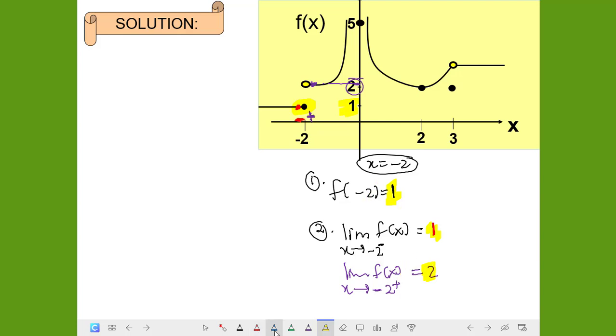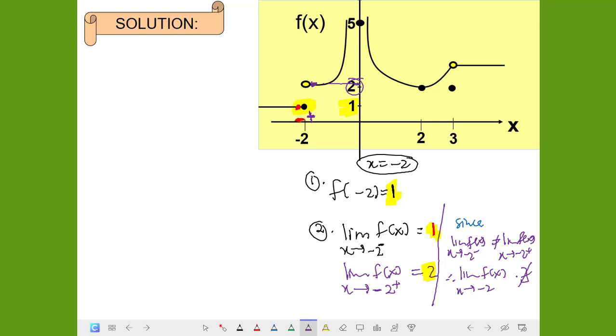But just to show you, since the limit of f(x) as x approaches -2 on the left is not equal to the limit of f(x) as x approaches -2 from the right, therefore the limit of f(x) as x approaches -2 does not exist.